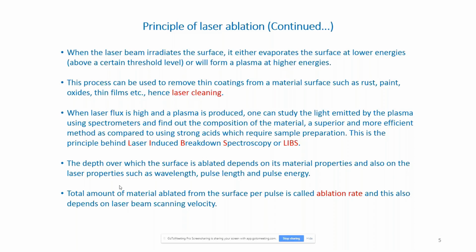There are other parameters that are also important, such as the pulse repetition rate and energy, but also the beam normally moves on the surface using some galvo system. So how fast it moves also affects the ablation rate, how much material is being removed per second.